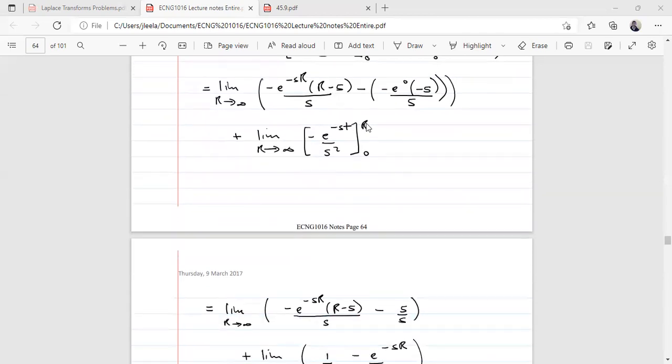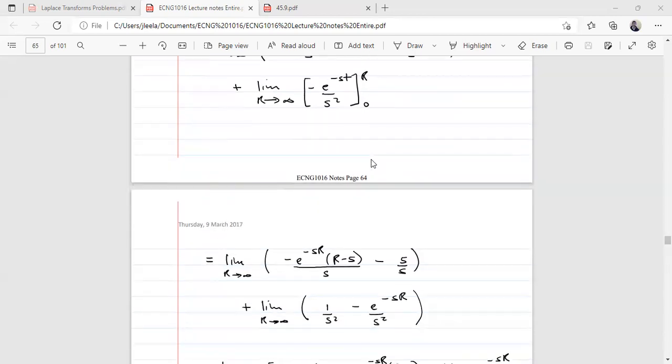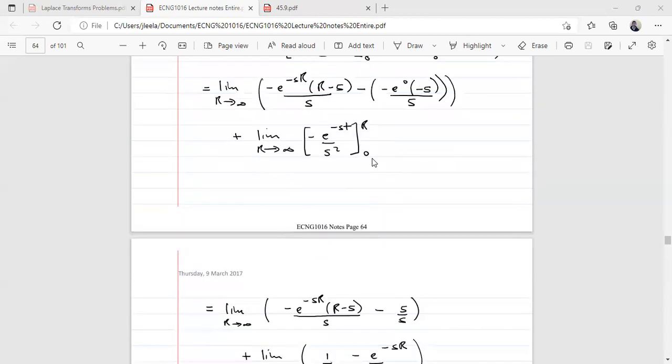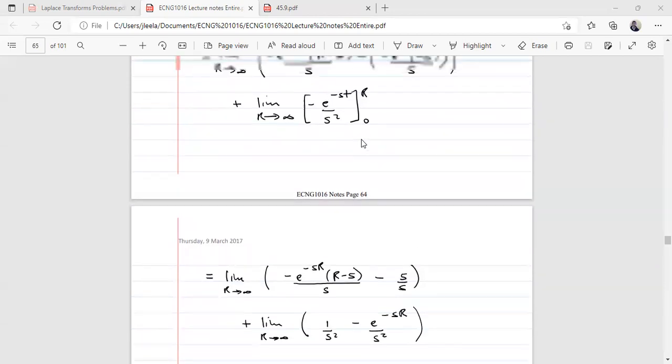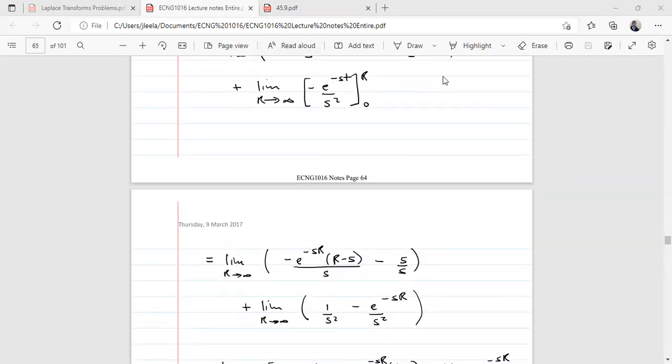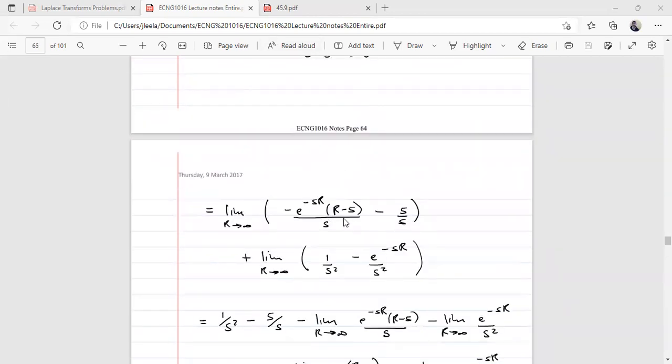And you take the limits here as r approaches infinity, the upper and the lower limit as r and 0. So the two terms from the first part will give you this here, minus 5 over s, which is 1.